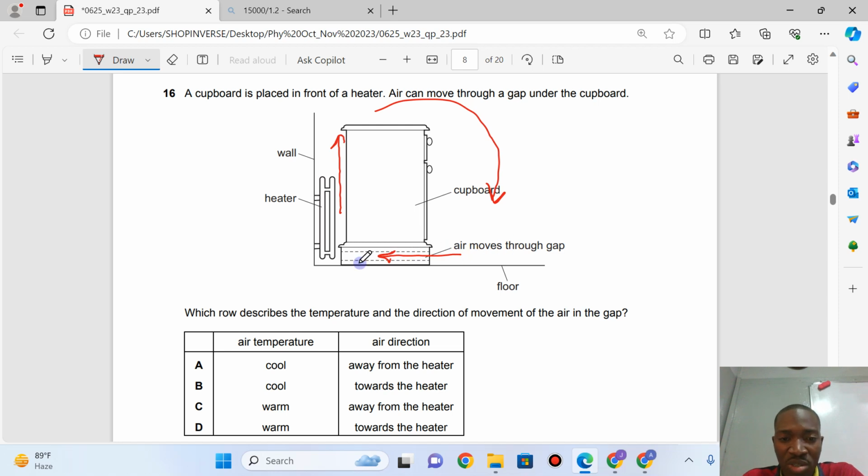Cold air goes in. Direction, away from the heater, no. Towards the heater, correct. Cool air goes towards the heater. This is the direction of movement in the air gap. Our focus is in the air gap, so that makes B the correct answer to question number 16.